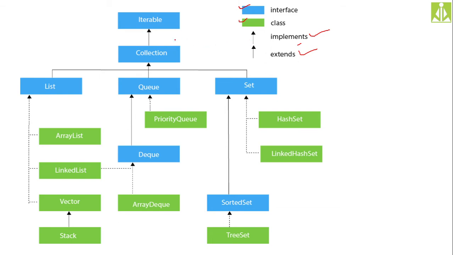Okay, so the Iterable interface we have at the top. Whatever methods we have in this Iterable interface will be available in all the interfaces and all the classes. If it is an interface, there is no guarantee that we are going to see the implementation; we may see only an abstract method.